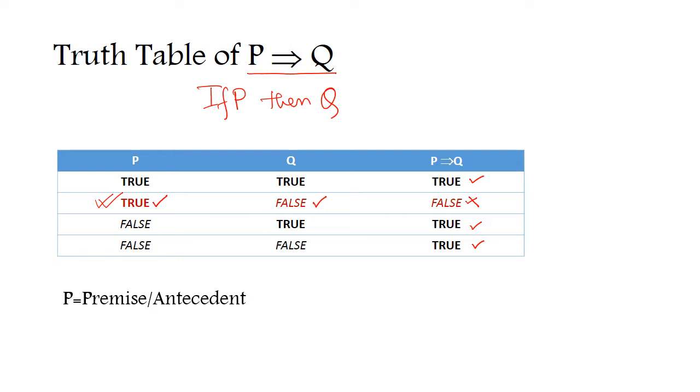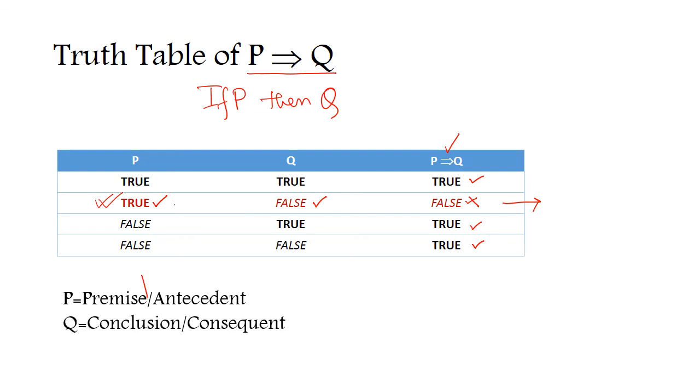You must also keep in mind that true, false, false is only a guideline to remember the truth table of this logical connective. You must also keep in mind that P implies Q is true when either the premise is false or the consequence is true. Which is the premise?